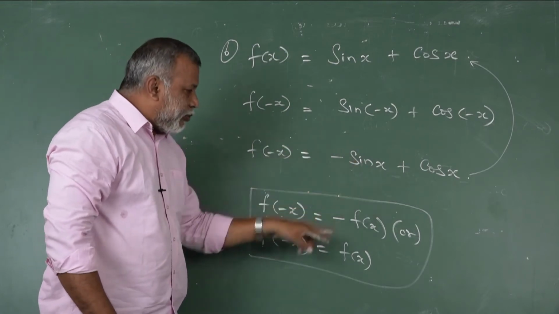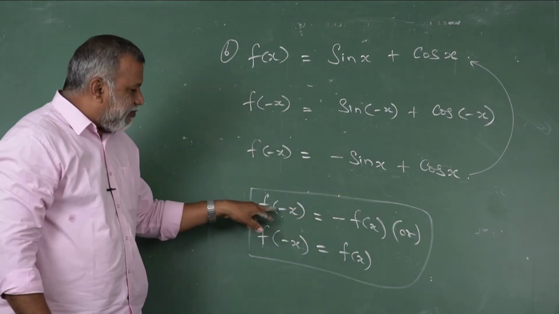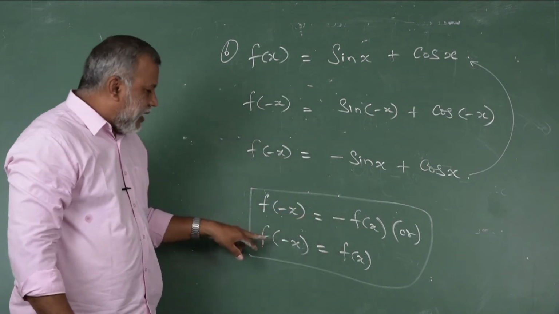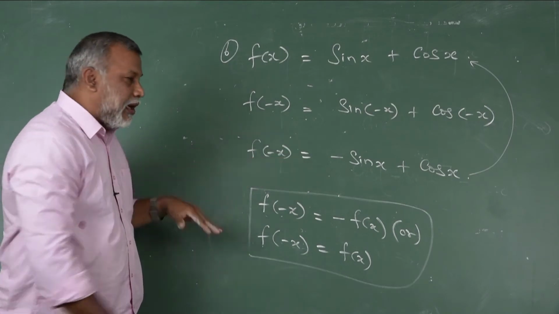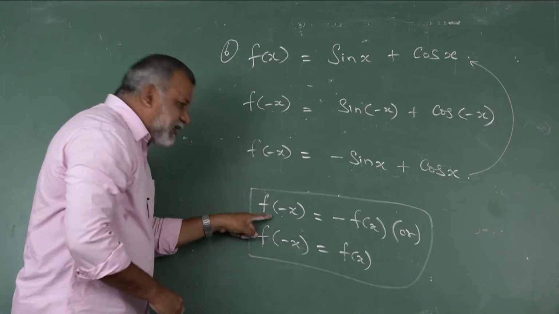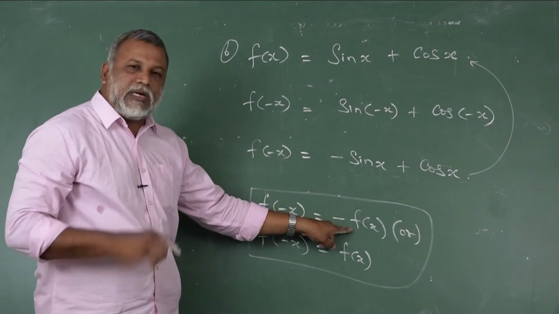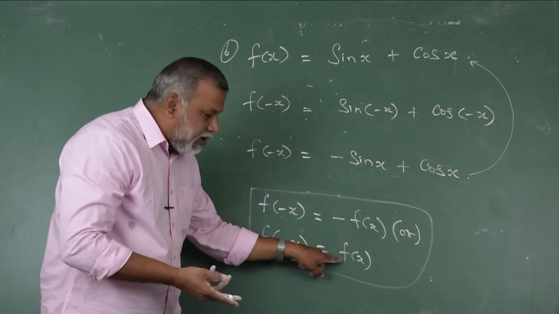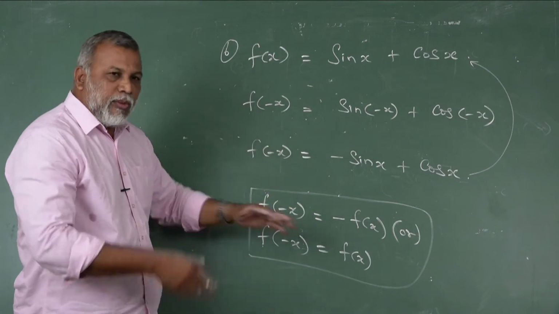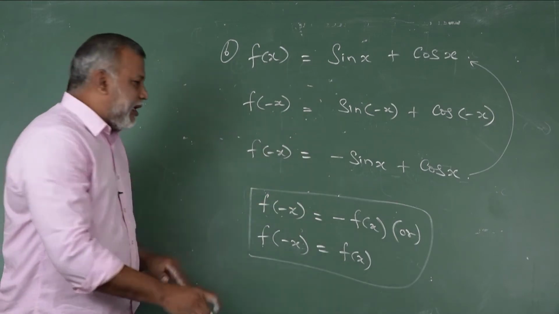Therefore, these two formations, f of minus x equal to minus f of x and f of minus x equal to positive f of x, are not applicable here. If the first is applicable, it is called an odd function. Then if the second is applicable, it is called an even function. Here both formations are not applicable.